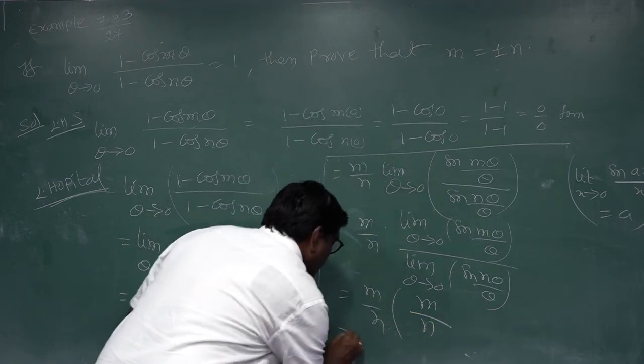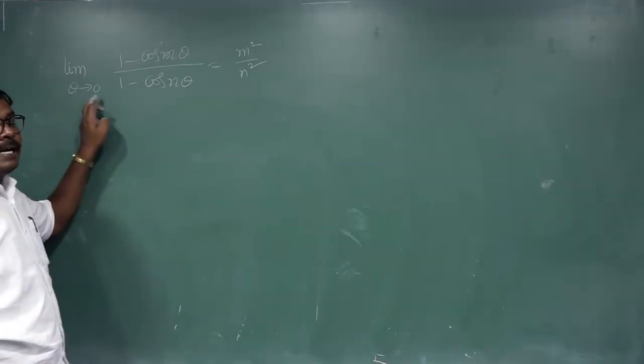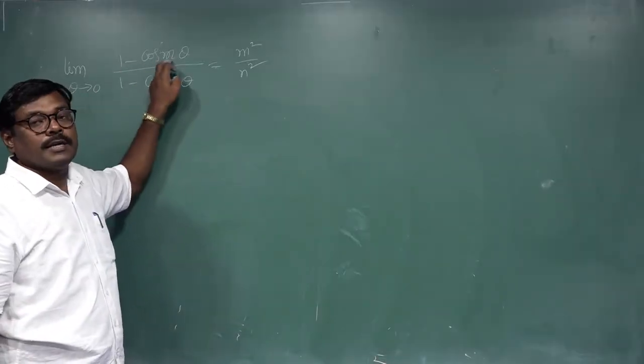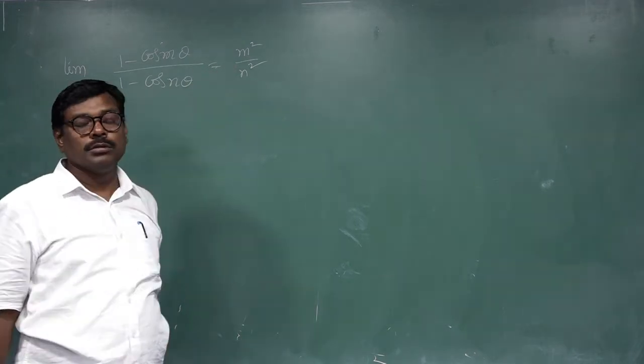By the formula, the limit of sin m theta by theta equals m, and the limit of sin n theta by theta equals n. So the result is m square by n square. Limit theta tends to 0, 1 minus cos m theta by 1 minus cos n theta equal to m square by n square.